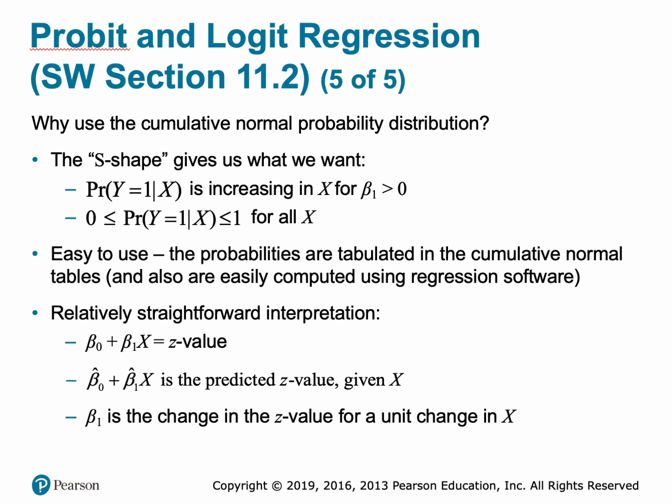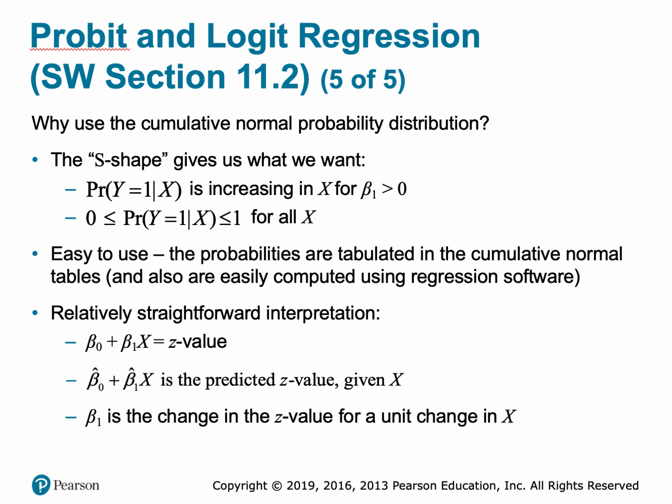Now, why use the cumulative normal probability distribution? Some of you may be thinking, gosh, this is just making it really complicated. Why can't we just use a straight line?